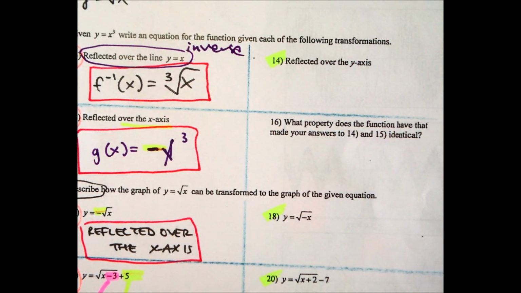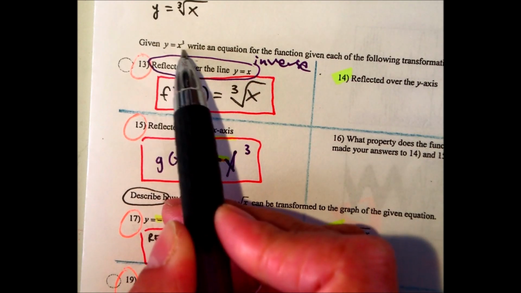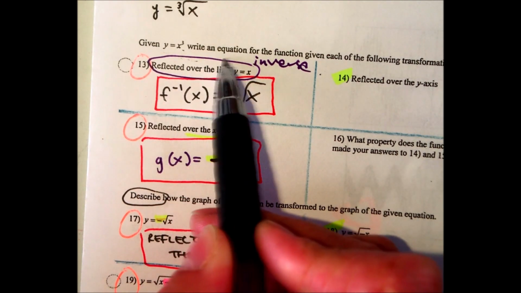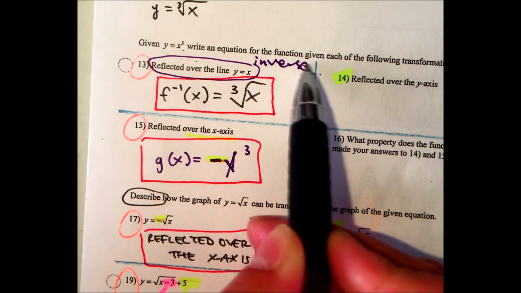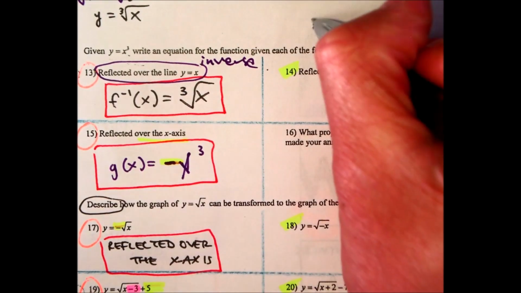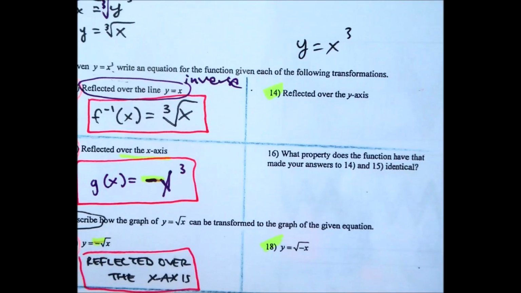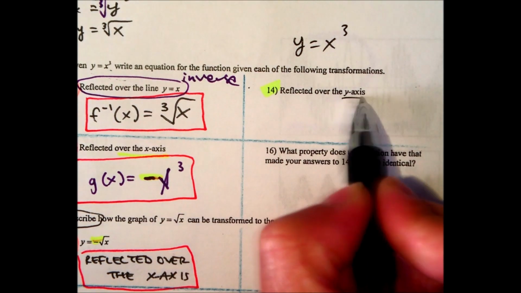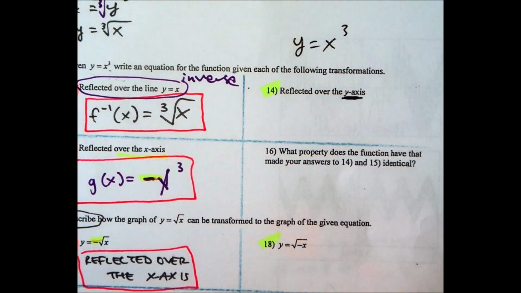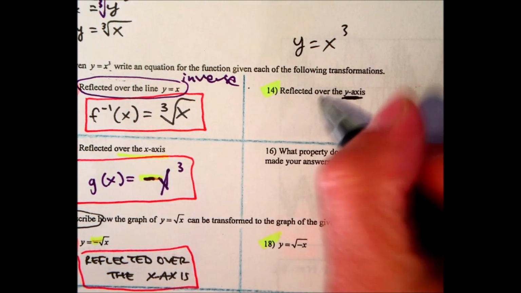Alright, question number 14. Given y equals x cubed, there's your parent function, right? Write an equation for the function given each of the following transformations. So I'm going to write this. Y equals x cubed. It's asking you to reflect it over the y-axis. Class, are you going to put a negative on the outside or on the inside? Inside.